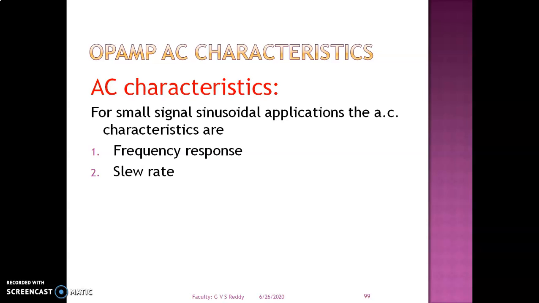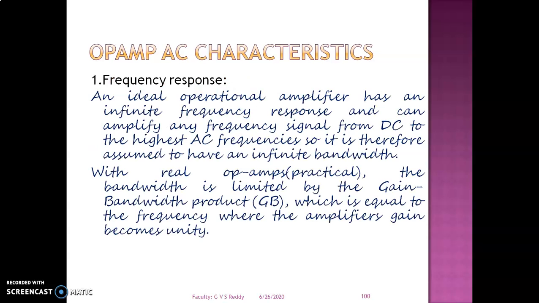Next, AC characteristics of small signal sinusoidal applications. The AC characteristics are frequency response and slew rate. Now come to the first one, frequency response. An ideal operational amplifier has an infinite frequency response and can amplify any frequency signal from DC to the highest AC frequencies.